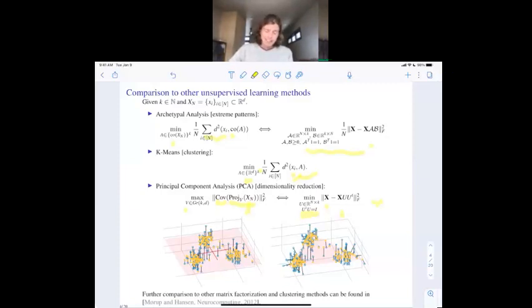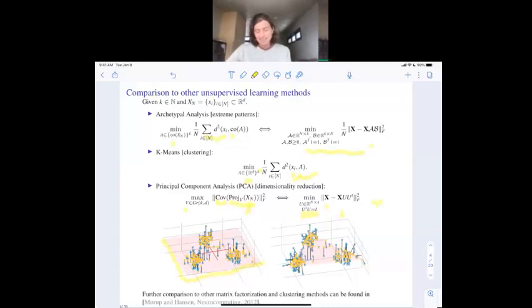In PCA, right here I have points in 3 dimensions, and I'm projecting them onto this 2-dimensional subspace. In archetypal analysis, if I choose, in this case, k equal to 3, so there are 3 vertices here, I just have a triangle in 3 dimensions. This does dimensionality reduction at the same time as it finds this optimal triangle, because the triangle is 2 dimensions and the ambient dimension is 3 dimensions, right?